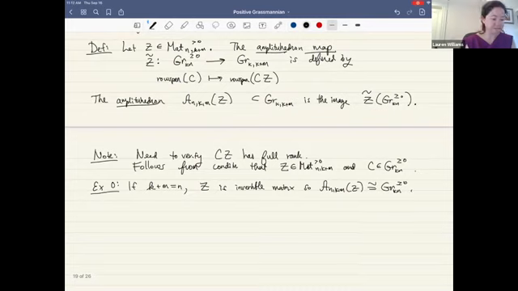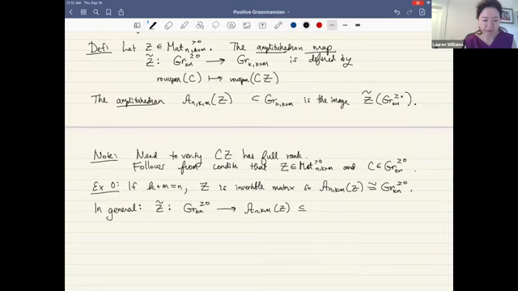But in general, the map from the non-negative Grassmannian to the amplituhedron drops dimension.